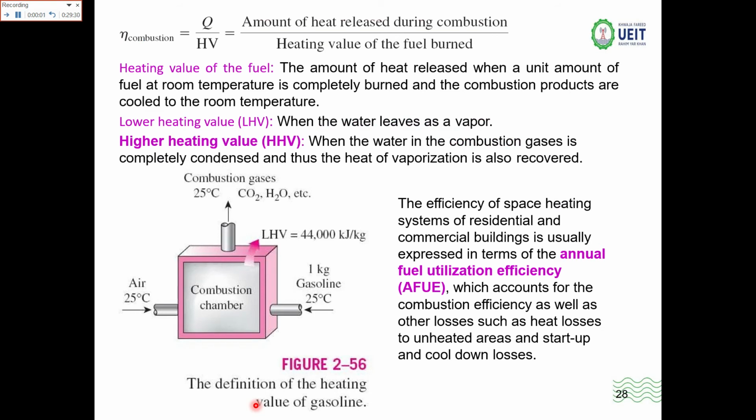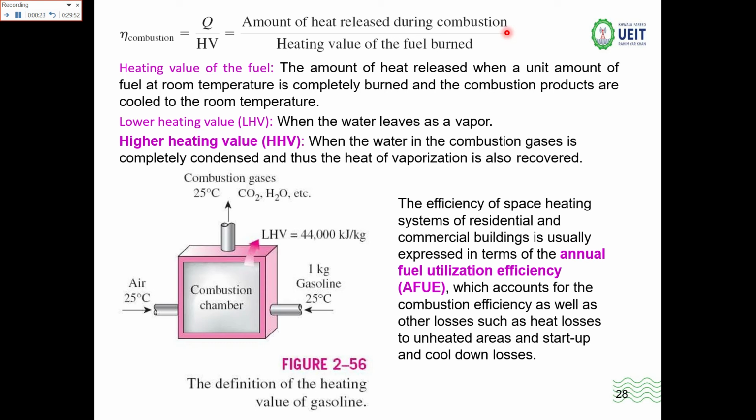Now, the combustion efficiency is equal to Q over HV. Combustion efficiency is equal to Q divided by HV, where Q is the amount of heat released during combustion, divided by the heating value of the fuel burned.